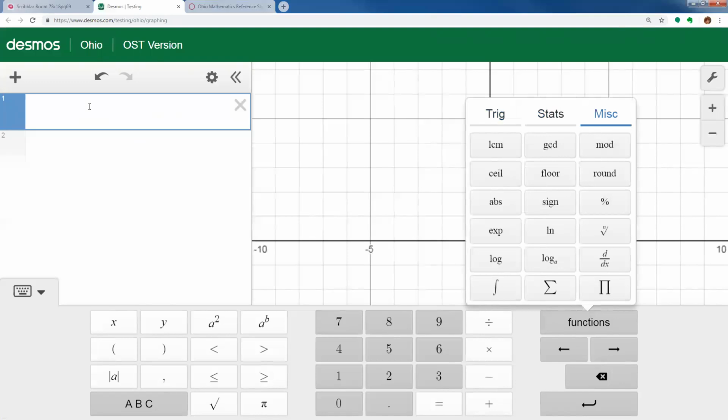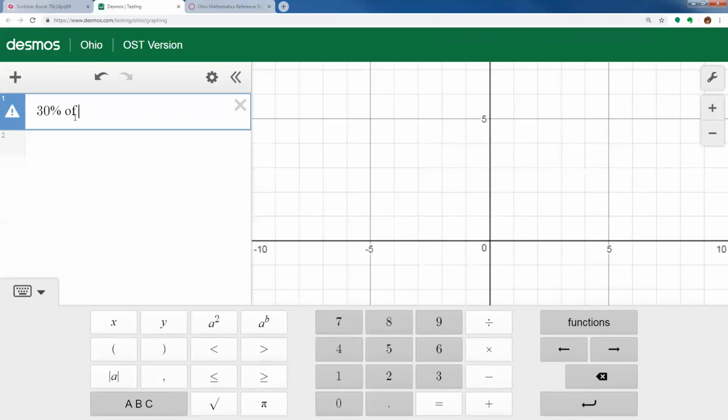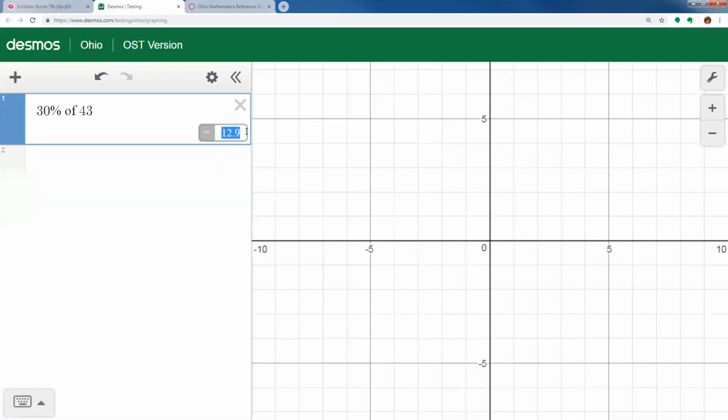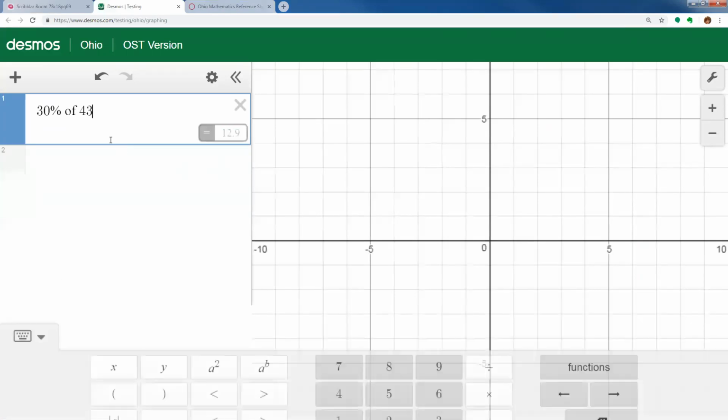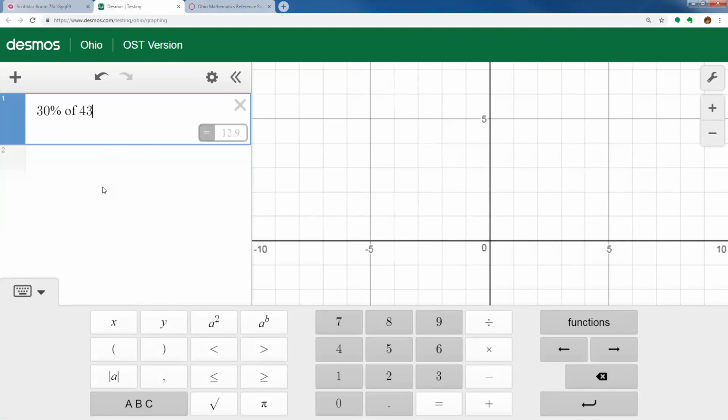So if you hit 30 and you hit the percent button, it says 30% of, and you just type 30% of 43. You don't have to do any math, you just type it into the calculator. So it's a pretty cool feature. So in the Desmos calculator, 30% first, then of 43.